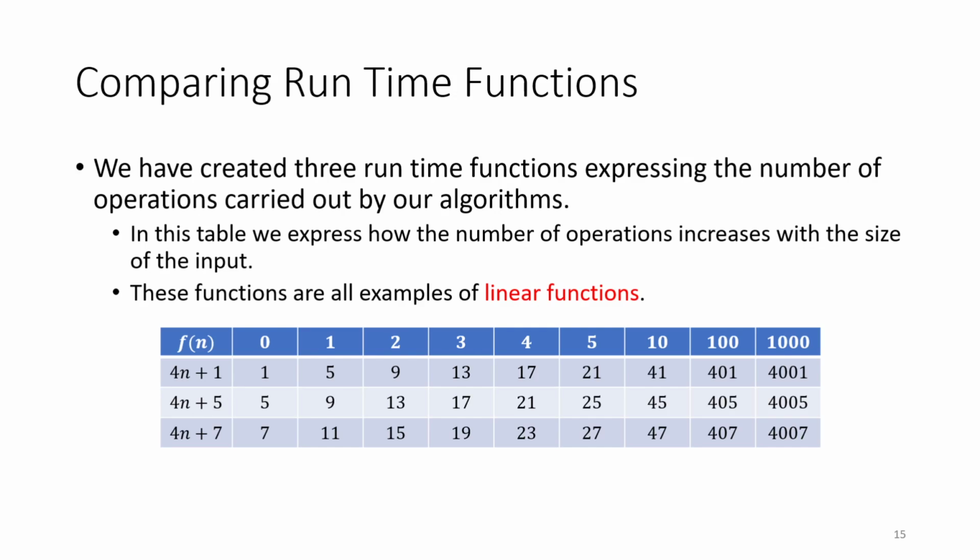Specifically, I think we focused on 1 and 2 in the previous video for the 4n plus 1 case, and we indeed found that it took 5 or 9 operations in the worst case. And here I've just plotted what those numbers would look like as we increase n. So really, we're just adding 4 to each one as we go up, until I start jumping up a bit, seeing what we would be at for n equals 10, n equals 100, and n equals 1000.